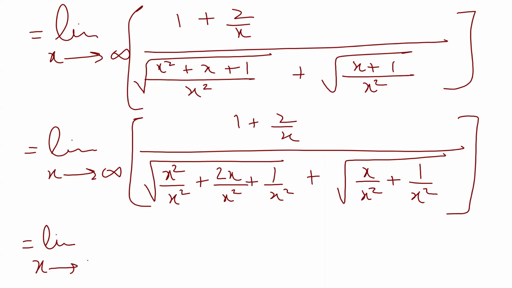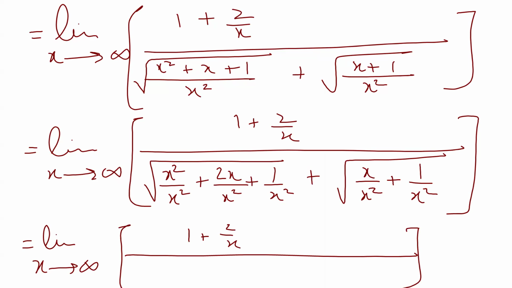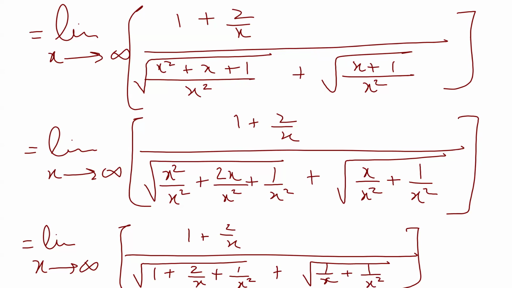So this will be limit x approaching infinity, 1 plus 2 by x over root of 1 plus 1 by x plus 1 by x square, plus root of 1 plus 1 by x square. Now I'll put x as infinity. So what will happen to the green colored terms? One second, have I copied something wrong? Yeah, it's only x, correct. Sorry. So this is 1.